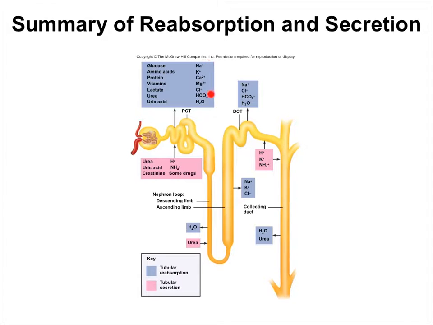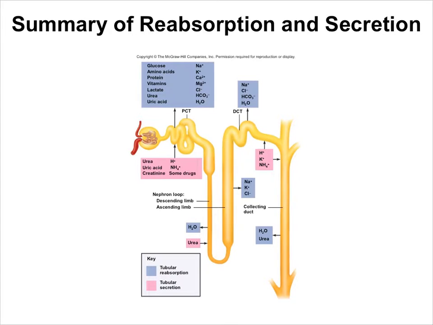You're also going to be reabsorbing a fair number of salts, and you're going to be excreting urea, uric acid, creatinine, and some drug products back in. You don't want this urea and uric acid. That's the stuff you're trying to get rid of. But the cells here are leaky, so some will leak back in.